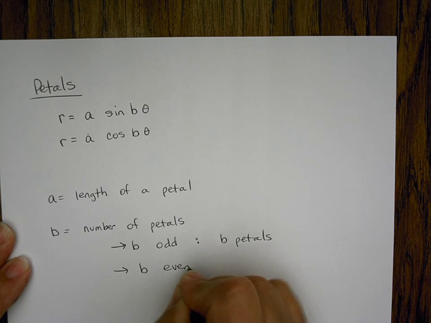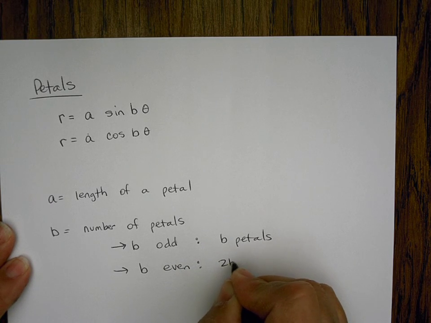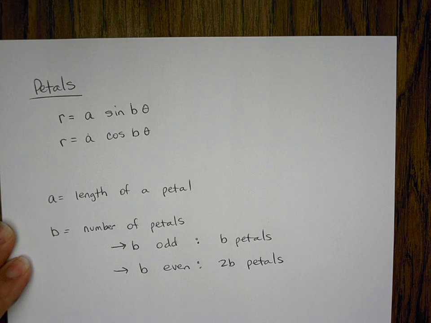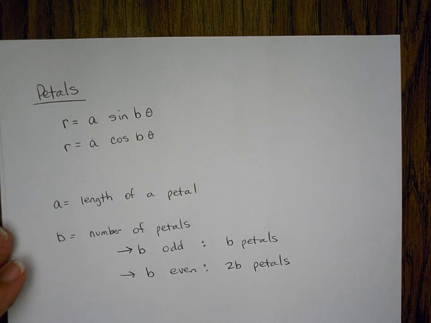If B is even, we'll have 2B petals. Wait, what's the last part? When B is even, you're going to have 2B petals.